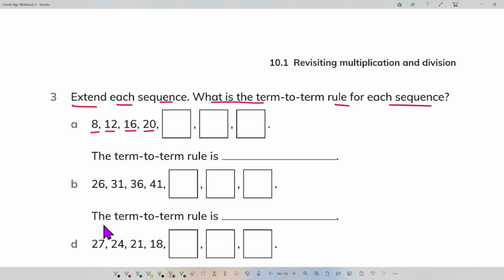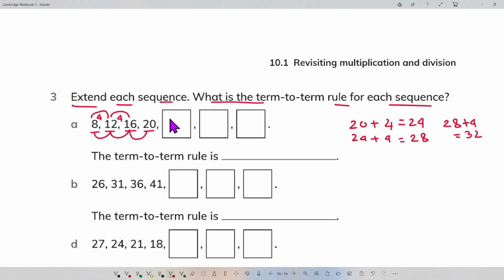First we have to find the difference between each term. 16 minus 12 is 4, 12 minus 8 is 4. Similarly, 8 plus 4 is 12, 12 plus 4 is 16, 16 plus 4 is 20, 20 plus 4 is 24, 24 plus 4 is 28, and 28 plus 4 is 32.